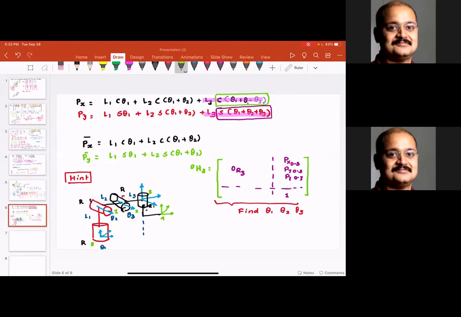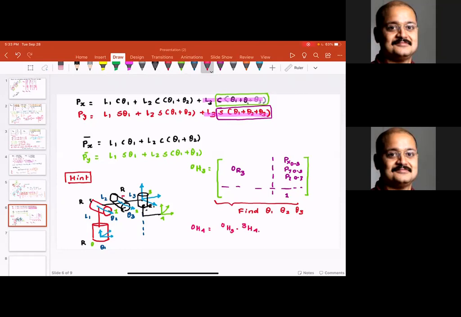So what I'm going to do is, this is super important. I'm going to write the forward kinematics equation for this entire robot that you already know, that you already found out. So think about it like this: 0H4 is equal to 0H3 times 3H4.